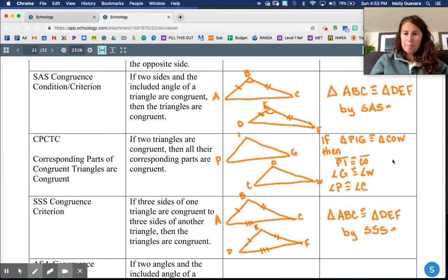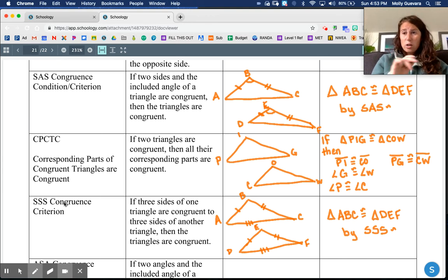I can say that PG is congruent to CW, and so on and so forth. And I can keep going, but I'm not going to. Okay. So we just use this to say, hey, if the triangles are congruent, then I know that every single corresponding part is also congruent.